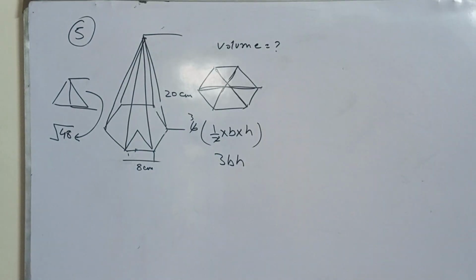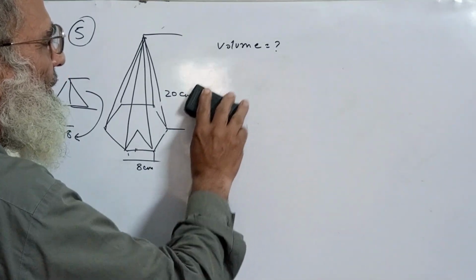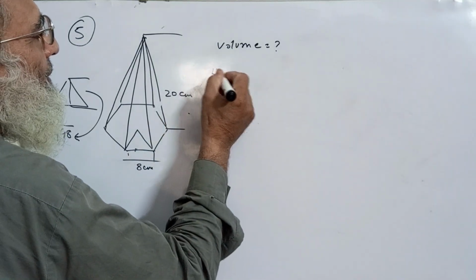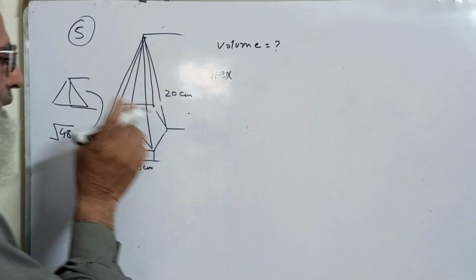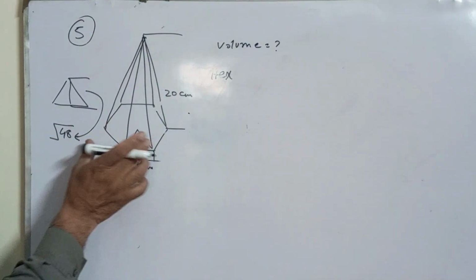But what if I say that the area of a regular hexagon is, the condition is that it should be a regular hexagon.